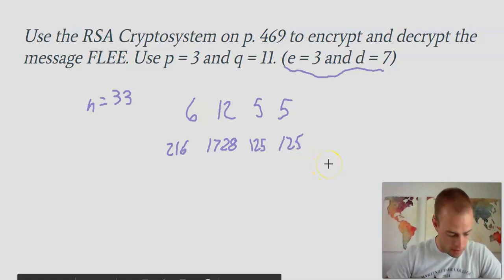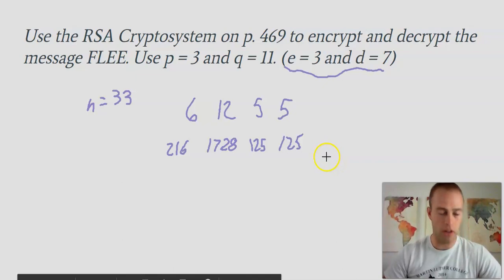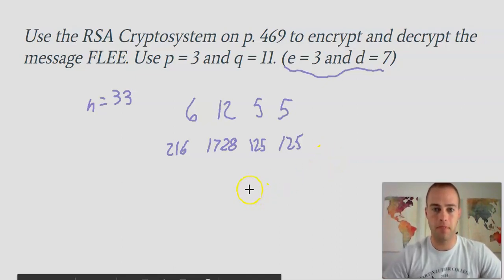Step 3 of encrypt says reduce each number mod n. The resulting number is called the ciphertext number. We're in mod 33, so we want to figure out the remainder of each of these when we divide by 33.